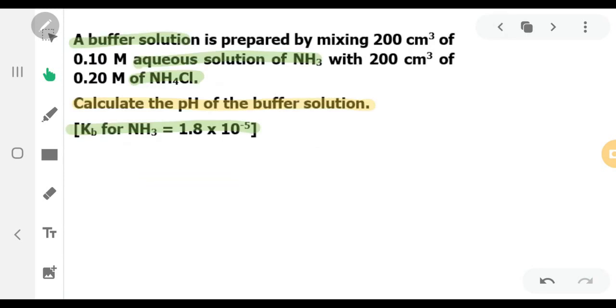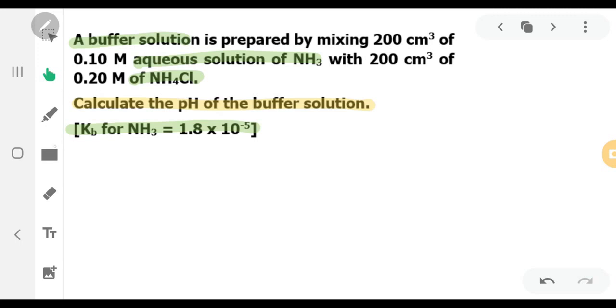Now, before we start to solve this, it's better for us to draw the situation out. I like to draw the situation out so that I can better imagine what is going on and I know what sort of things I need to work with.